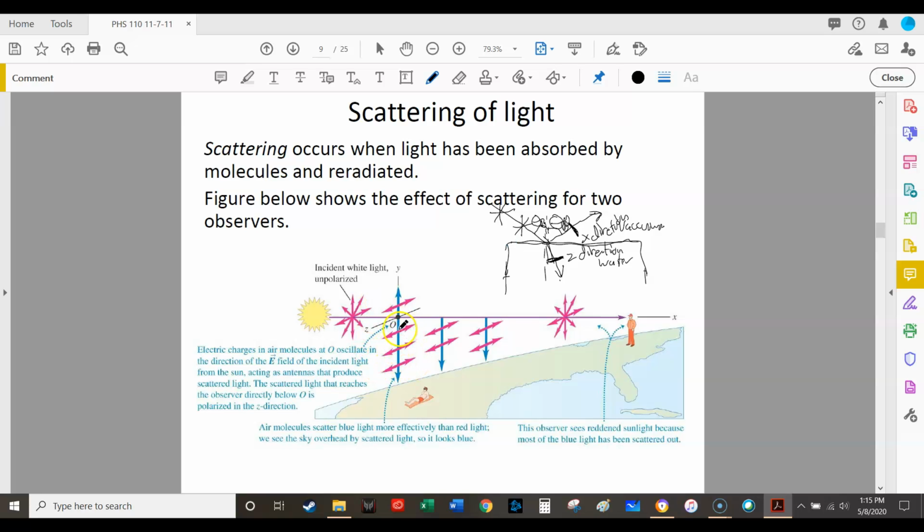The wave is polarized, it's moving. I'm trying to draw a Z direction here. So here's the wavelength right there.